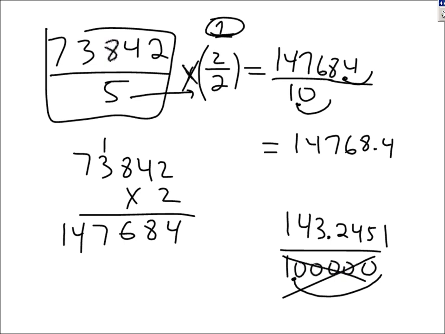Then you have to move the decimal on the top 5 places to the left. 1, 2, 3, 4, 5. There's my decimal. If any one of those loops, and this is a loop, and this is a loop, and so is this, etc. If any of these loops do not have a digit above them, well then you best put zeros in.